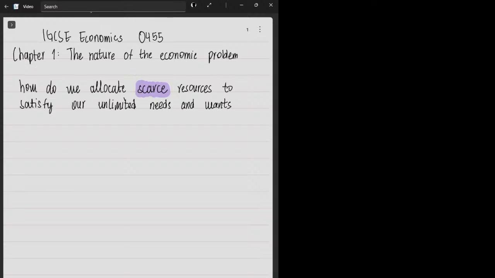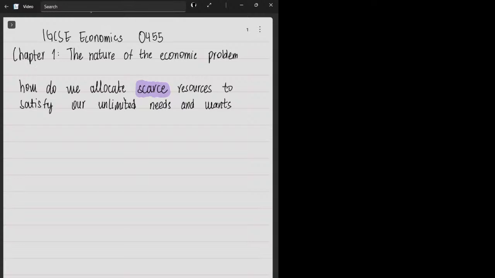So you can have MCQs asking you what is the basic economic problem every country goes through. It's not going to be how to attain employment, how to obtain maximum employment, how to increase GDP. That is not the basic economic problem that governments are trying to solve or what economics is trying to solve. We are trying to look at how we can best allocate these scarce resources, resources that are limited in supply.